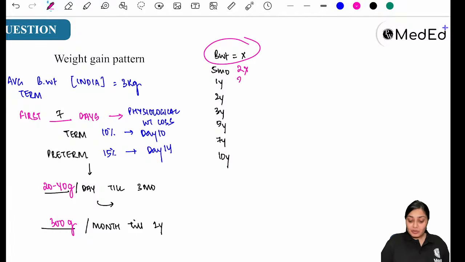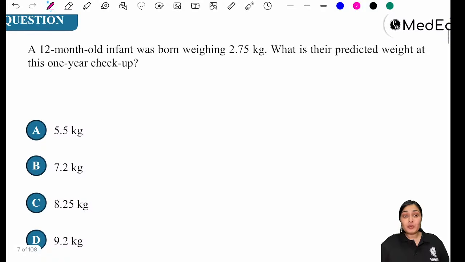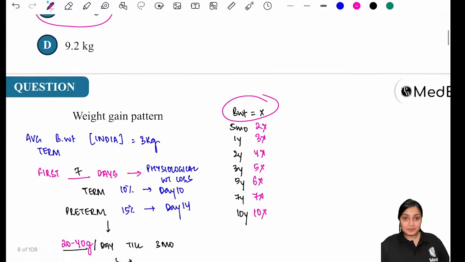By 1 year it becomes 3X, by 2 years it becomes 4X, by 3 years it becomes 5X, then 6X by 5 years, 7X by 7 years, and 10X by 10 years of age. So here they were asking about a child at 12 months of age. That means at 1 year of age, so I expect the weight to be tripled. So 2.75 into 3 comes out to be 8.25 kgs. Right? So the correct answer here is going to be option C.